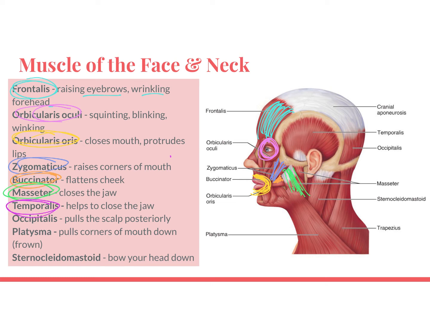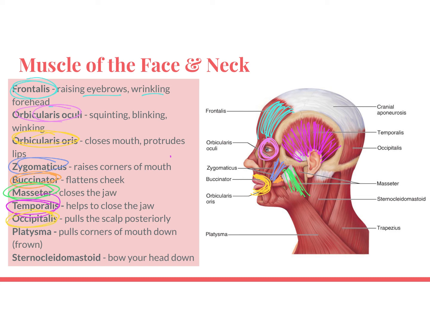Okay, this is a new one. This is the temporalis. The temporalis muscle is this fan-shaped muscle on the temporal bone. This one also helps to close the jaw. So this is known as a synergist to the masseter. A synergist is a helper muscle that assists in a movement.